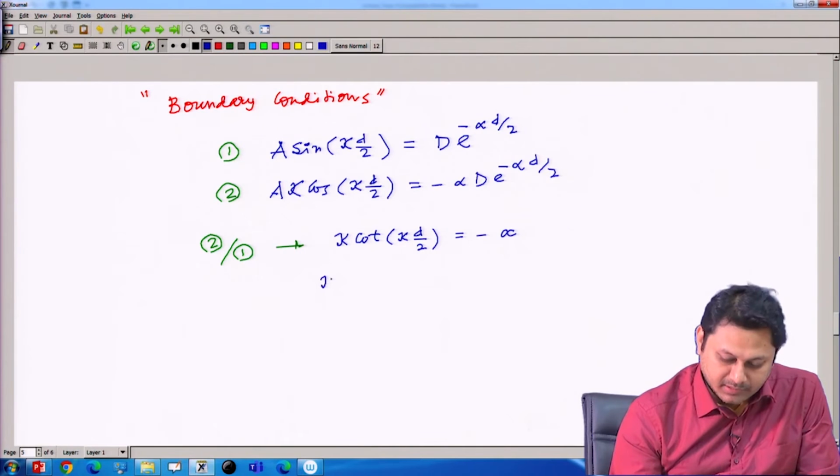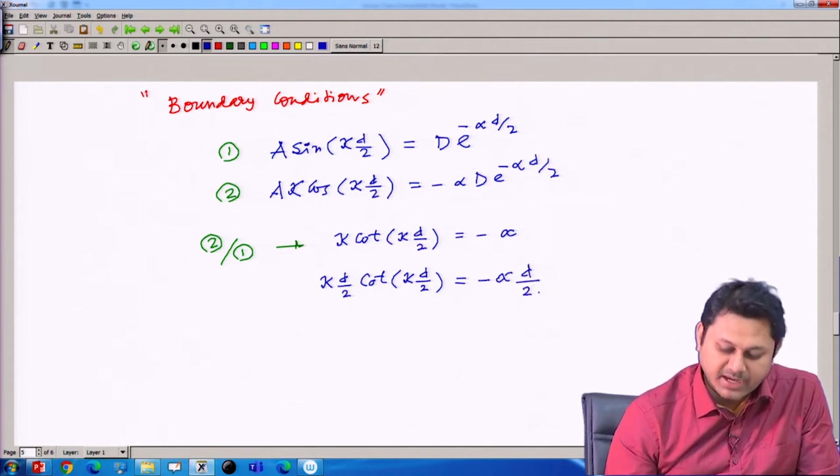I can make it kappa d by 2 cot of kappa d by 2 is equal to minus alpha d by 2.